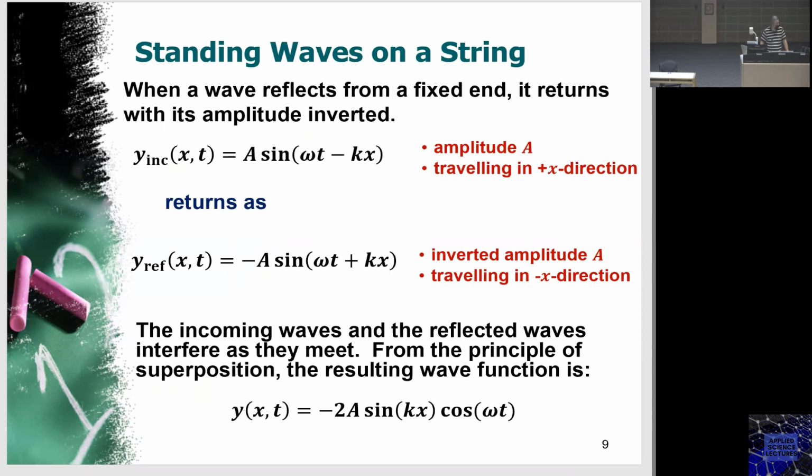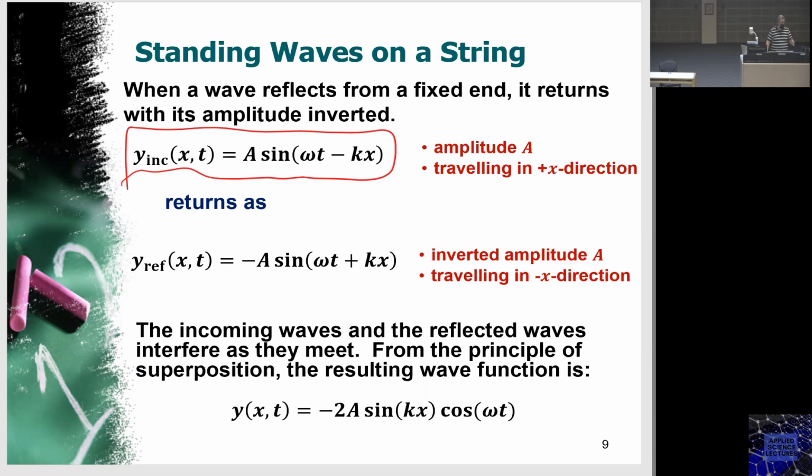So the standing wave at the end is a result of this interference between an incident wave, the wave that we have introduced and talked about in the last lecture, which is this wave.